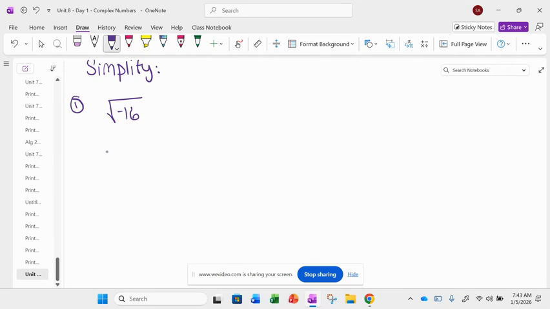So this is the same as saying the square root of -1 times the square root of 16. Do we agree that's the same thing? We know the square root of -1 is i. So now we have i root 16, but what's the square root of 16? So this becomes 4i. Do you think I want you to go through these little steps every single time? No, I don't. This was just me showing you how we got there.